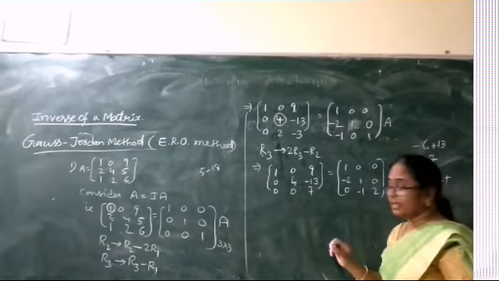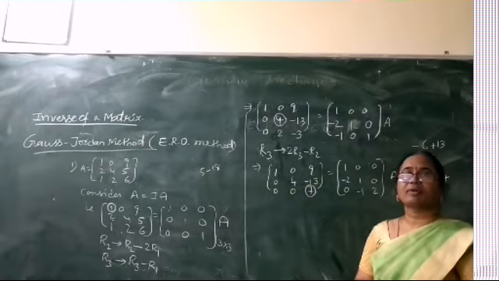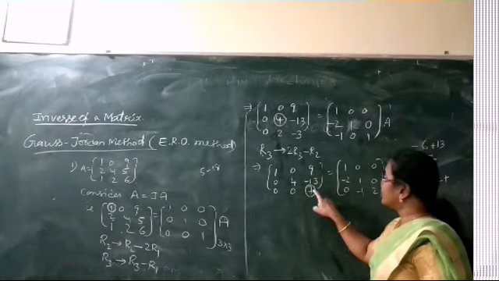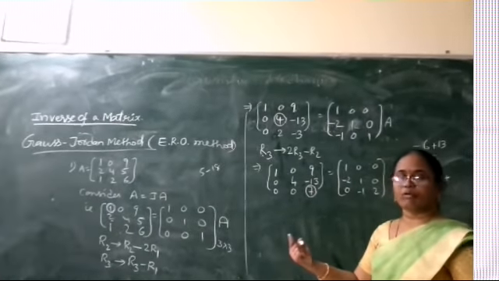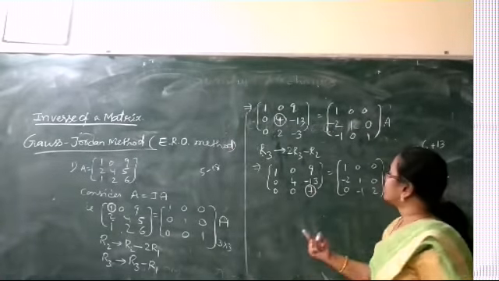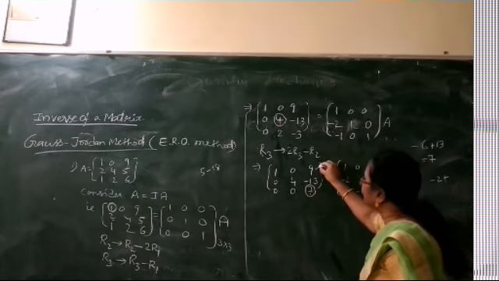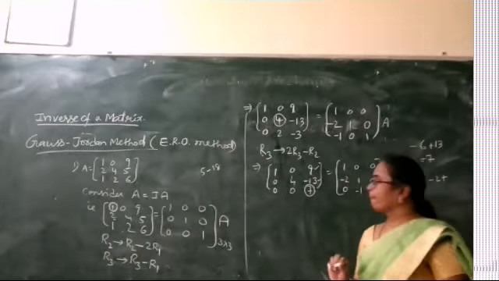Now the third round is concentrating on the third pivot, which is our third diagonal element. It is 7 here. So using this 7, we appropriately choose the set of row transformations so that the remaining column elements become 0. So we have to now make this 9 and minus 13 zero using this 7. Right.